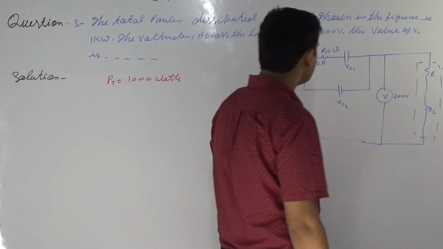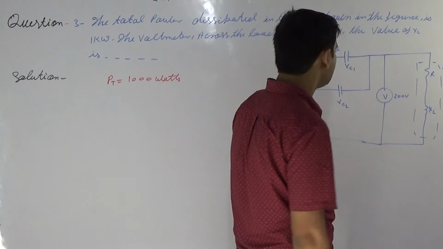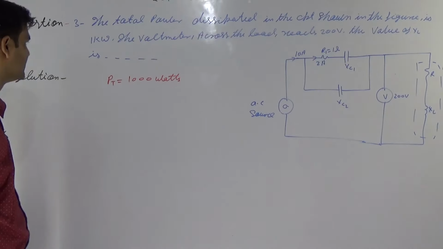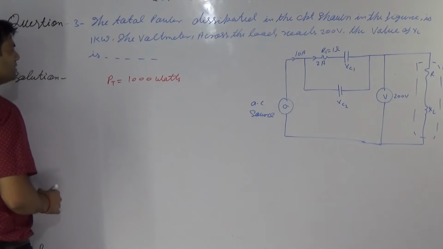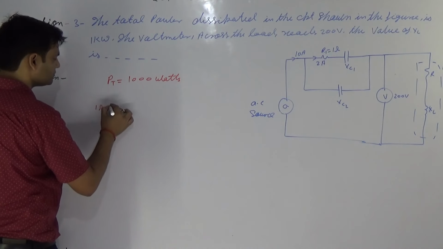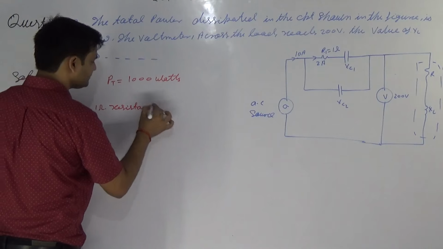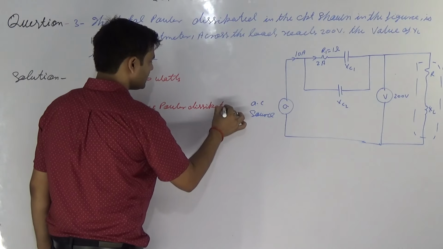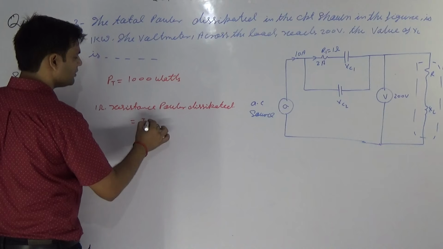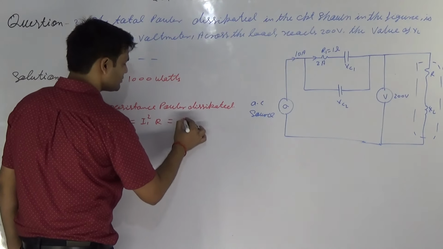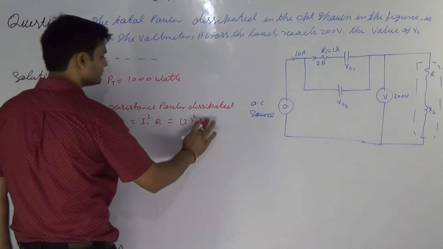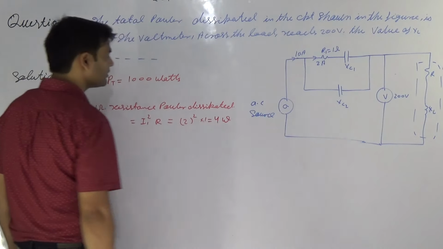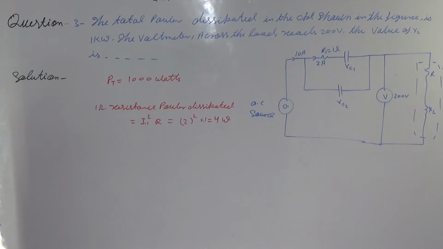Now this is the load. The R1 resistor of 1 ohm dissipates power equal to I1 square R. I1 is 2 squared into R, R is 1. This is 4 watt.